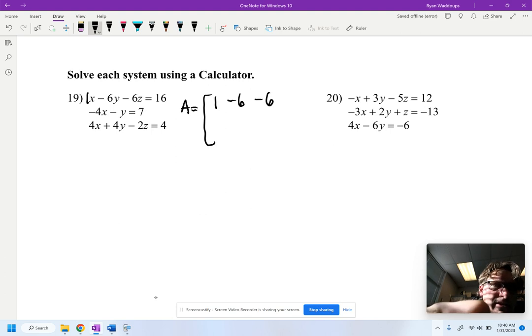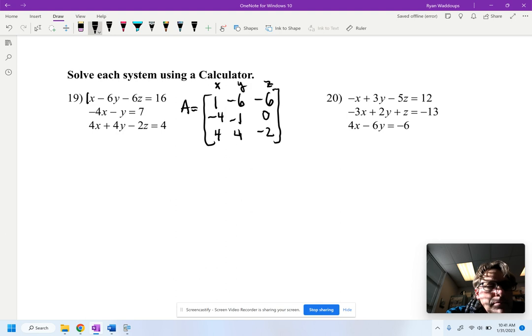Remember that these are the values for x, y, and z. And so in the next one, I've got a value for x, I've got a value for y, I don't have a value for z. So that's negative 4, negative 1, and 0. And then the bottom row, that's 4, 4, and negative 2. So you've got to watch for those when you're having a value missed, where you put them.